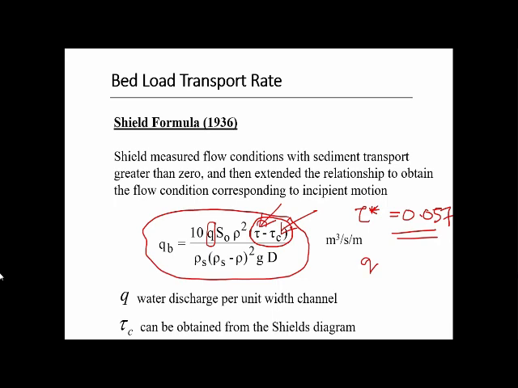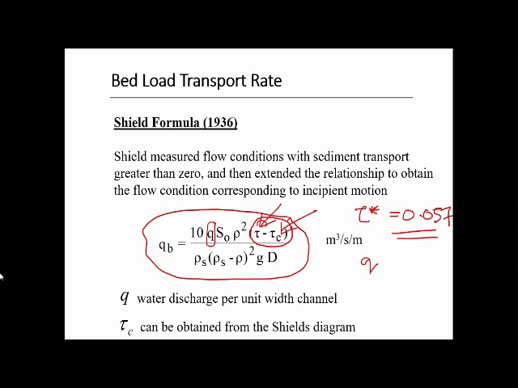What are the other critical shear stress methods that we can use other than Shields? Do you remember? Center. You can also use the Center method using the graph with the tau C.